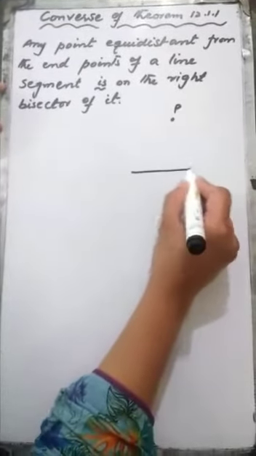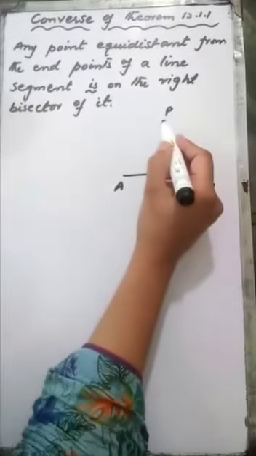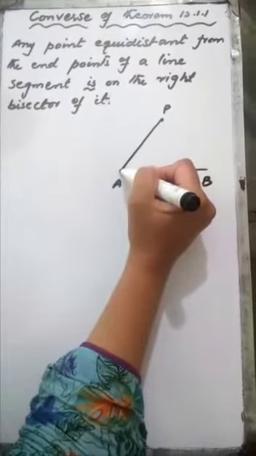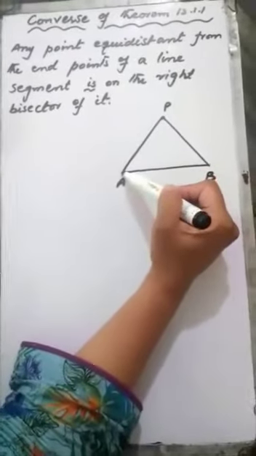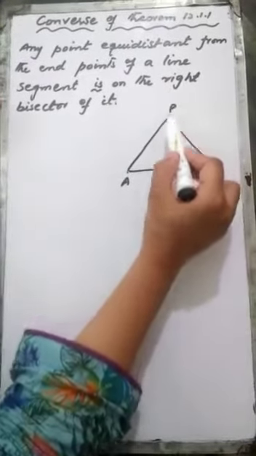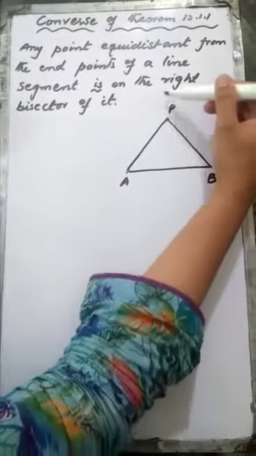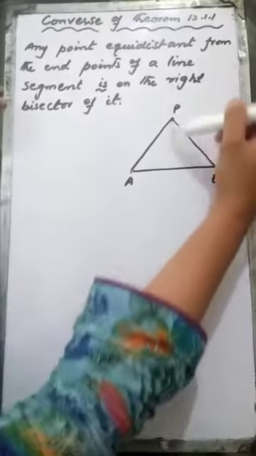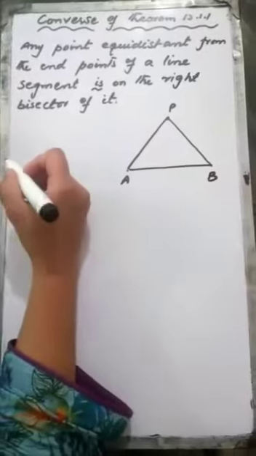Suppose it is a line segment AB, and it is given that this P is at equal distance from A as well as from B. We have to prove that this P is on the right bisector of this line segment AB. Means if we draw a line from this point, we have to prove that that line is the right bisector of this line segment.